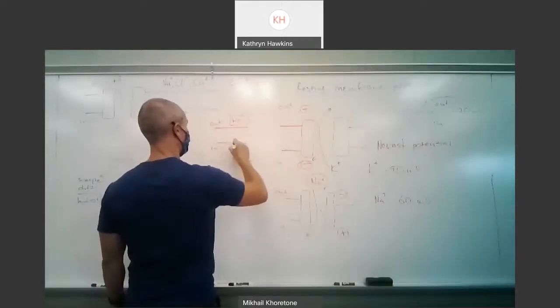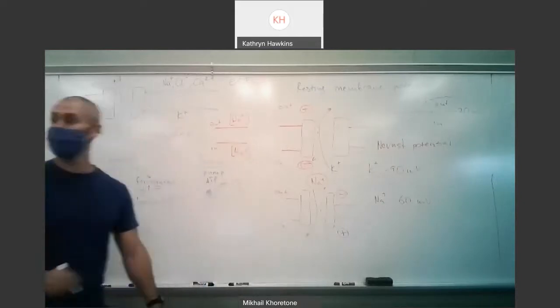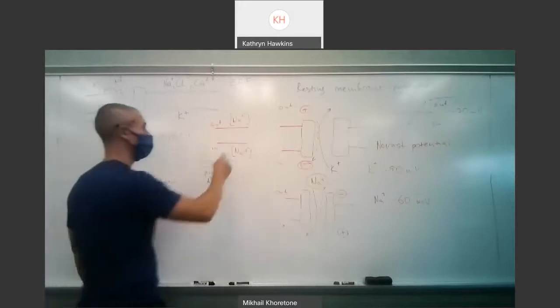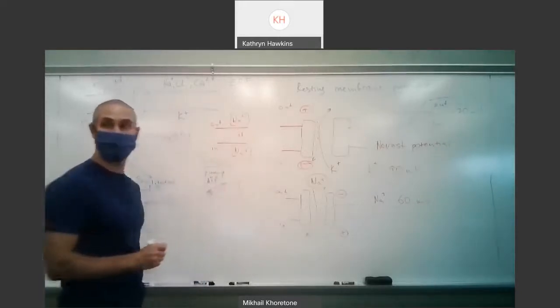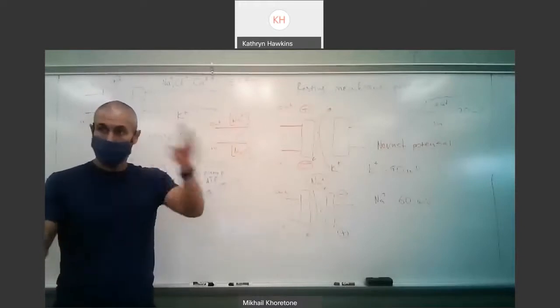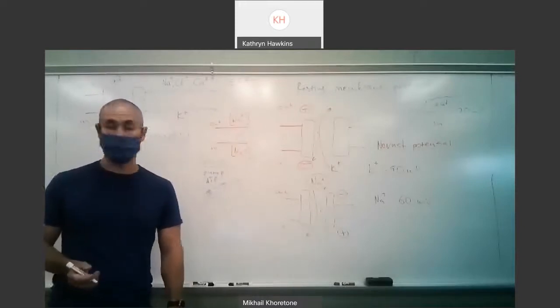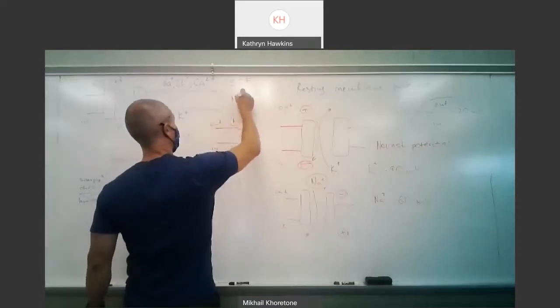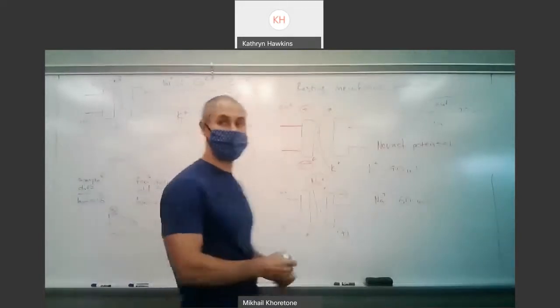Sodium outside, sodium inside: the concentrations of these ions outside and inside are equal. Make sense? We have a membrane, and on both sides the concentrations of sodium are equal. Simple question. What's the Nernst potential?